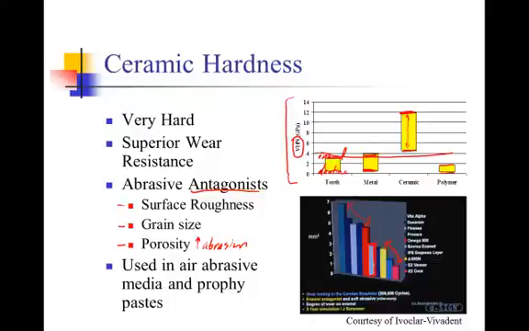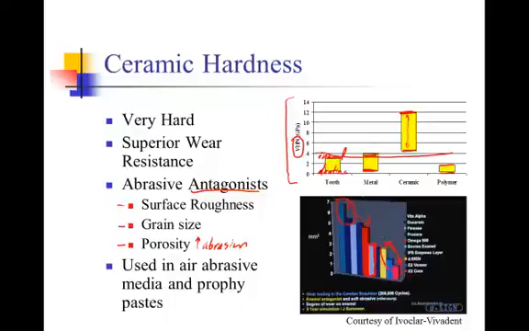And the difference is not the hardness of the material. In fact, some of the worst offenders have the lowest hardness. The reason that they're the worst offenders is they have the highest porosity. So these two materials here are more porous, definitely more porous than the glass ceramic materials here.